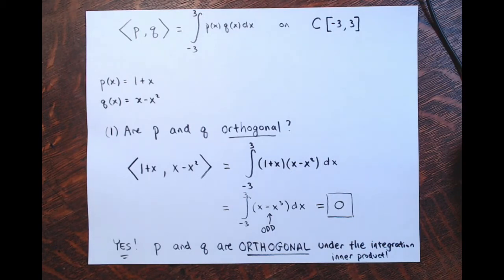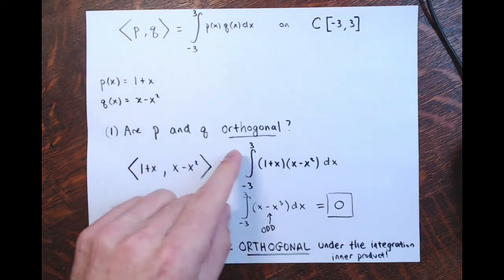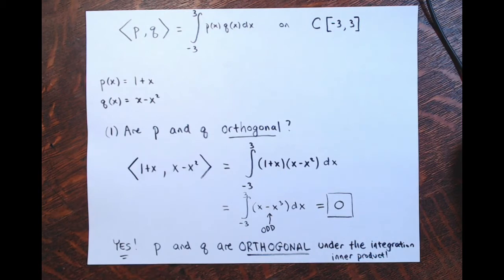So now that I know these functions are orthogonal, the next question was, are they orthonormal? Now, if the answer to the previous question was no, they can't possibly be orthonormal. Orthonormal vectors are orthogonal, but also both of them are unit vectors.